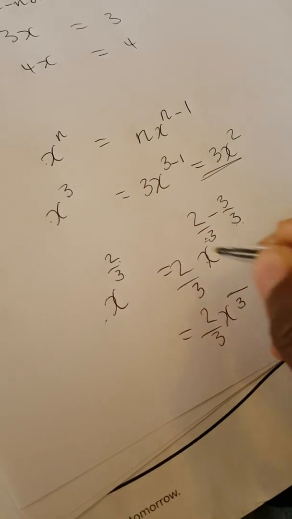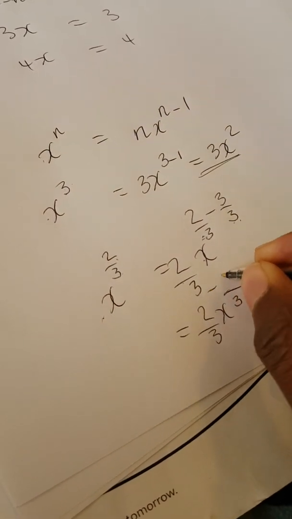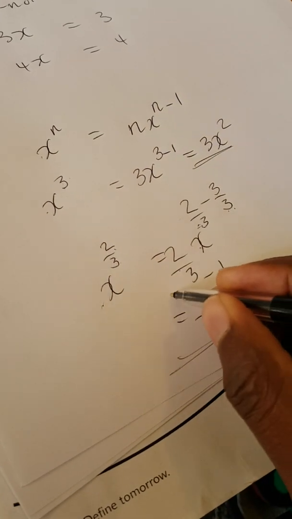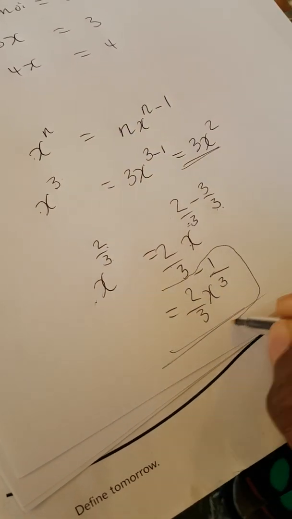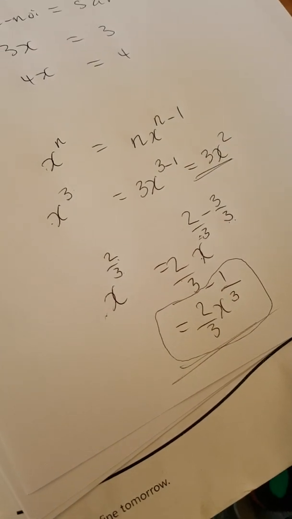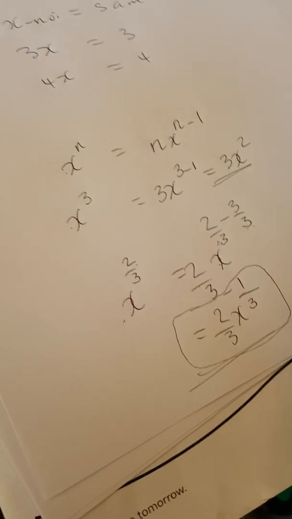You focus on the numerator, it will be 2 minus 3. You're going to get negative 1. So your answer will be 2 over 3 x to the power negative 1 over 3.